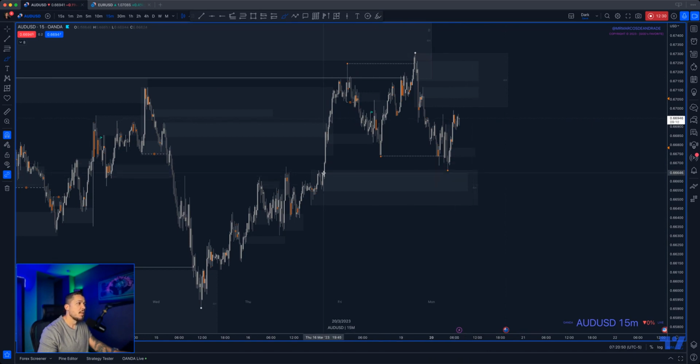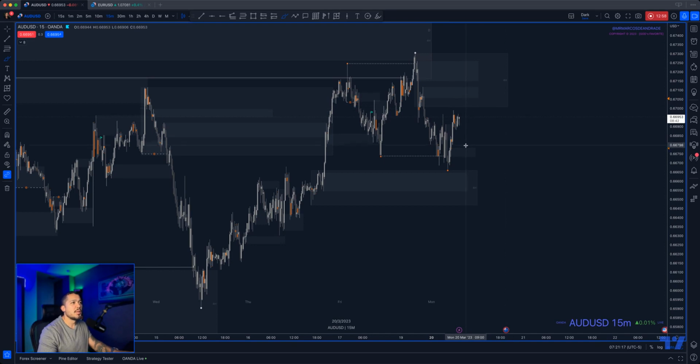We haven't mitigated the 15-minute zone inside here yet. So we could possibly be coming to these supplies, right? Let's see how it's going to react inside here to maybe take the lows, or even if we come here first, I would be looking for longs, maybe to one of these two areas.